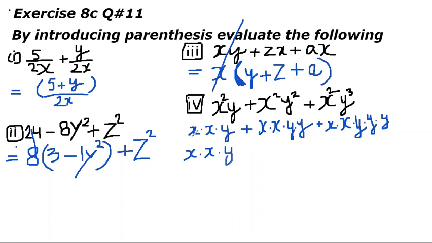All these factors are common in all the three terms. Okay, students, now I need to tell you that x square y has coefficient 1, x square y square has coefficient 1, and x square y cube has coefficient 1.